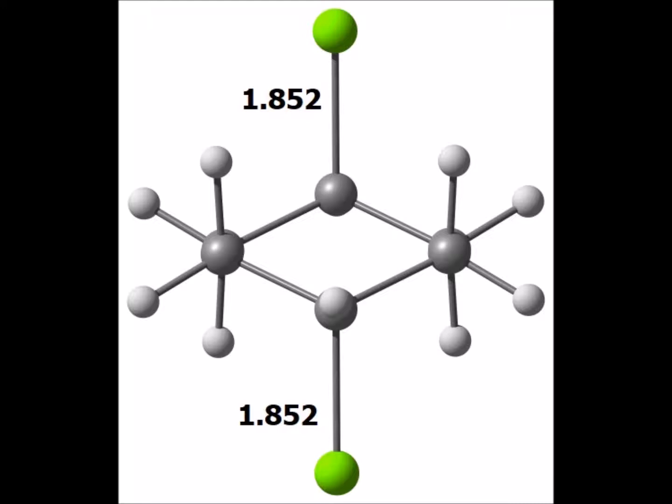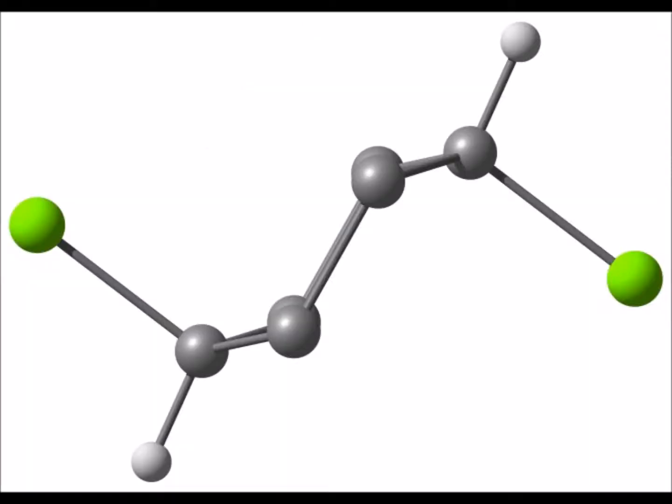Here is the trans 1,4 dichlorocyclohexane with each of the chlorine substituents in axial positions. For our final diagram, we have a trimmed side view of the trans 1,4 dichlorocyclohexane with each of the chlorine substituents, the lime green spheres, being in axial positions.